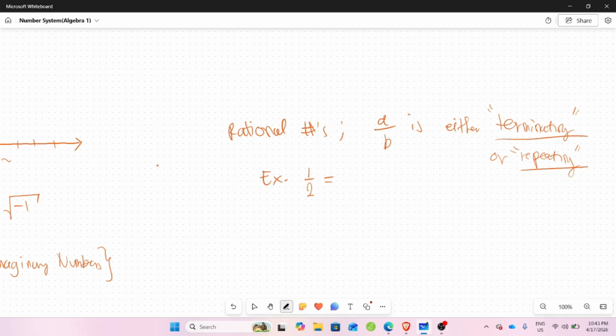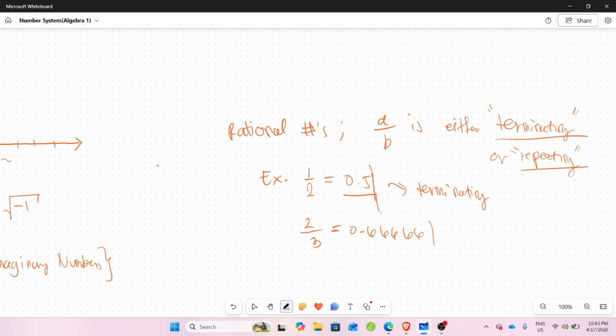For example, to understand this, let's say we have 1/2. The value of 1/2 is actually 0.5. Notice that this one is terminating because it stops at 5. That's the value for 1/2, 0.5. So that's why this is called terminating. Another example is 2 divided by 3. 2 divided by 3 is 0.66666 continuously.